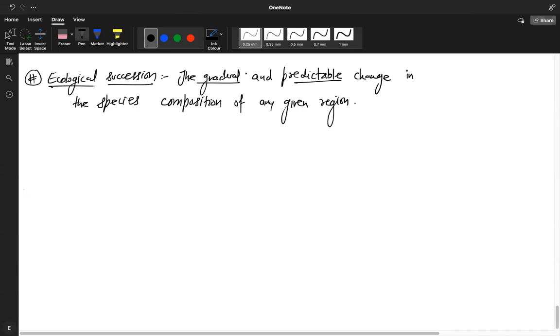For example, a rock, for that matter, a newly created pond or water reservoir. So that is what you just saw and analyzed in that activity.